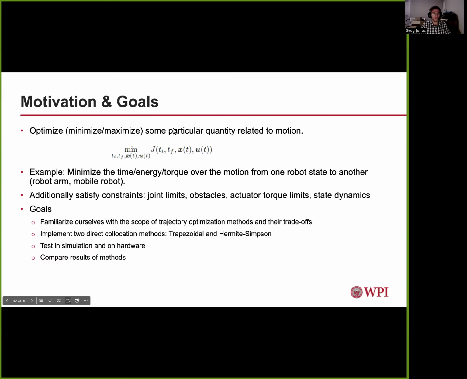And I guess at a high level, trajectory optimization, more intuitively, the goal is to minimize or maximize, essentially optimize some kind of cost function or particular quantity related to motion.